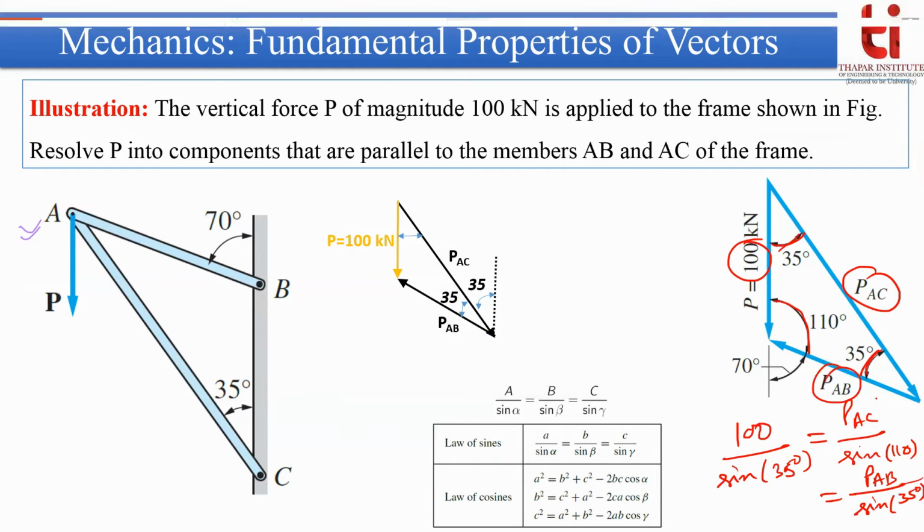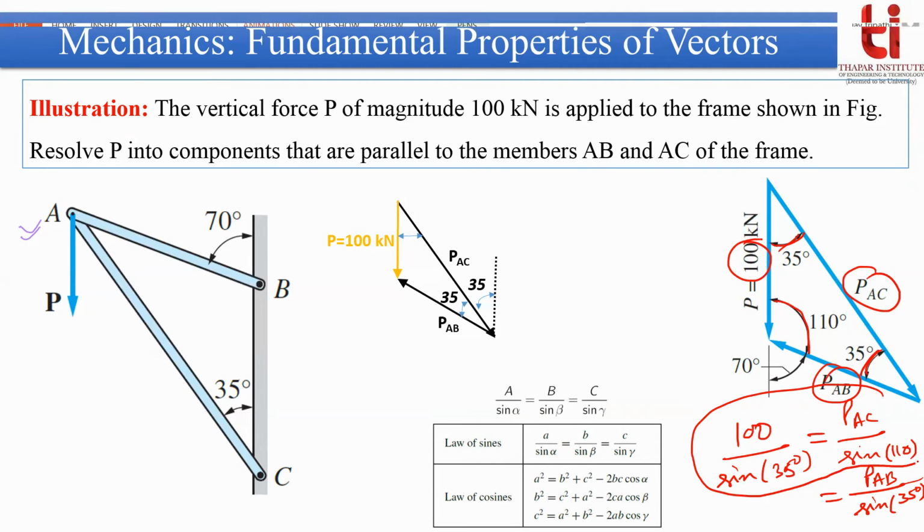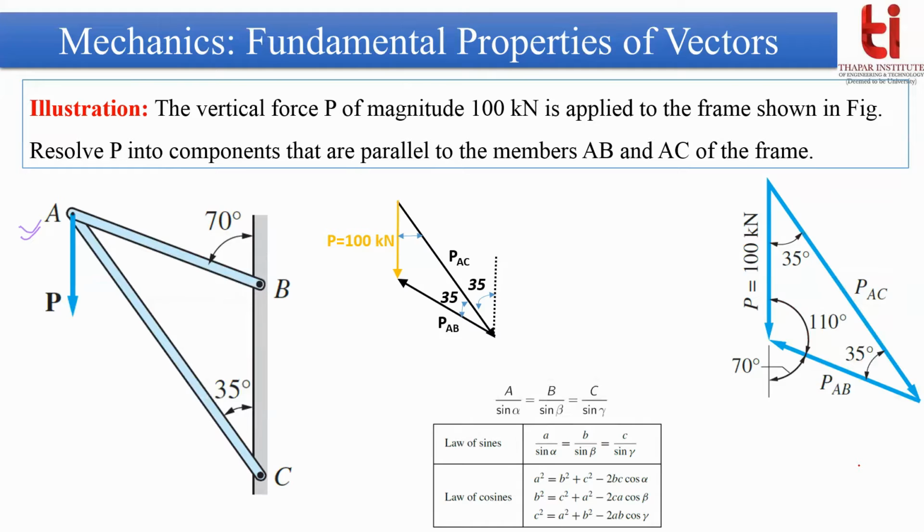Just use the combination of the first two terms to get the value of PAC, and use the combination of the first and third terms to find PAB. In this way we can solve the problems.